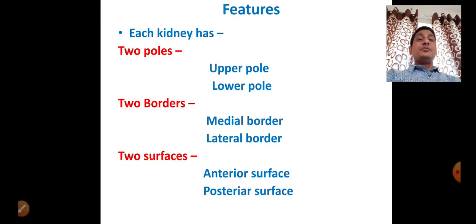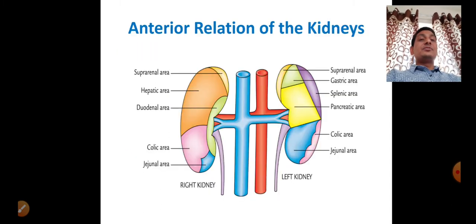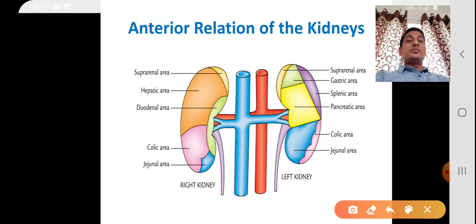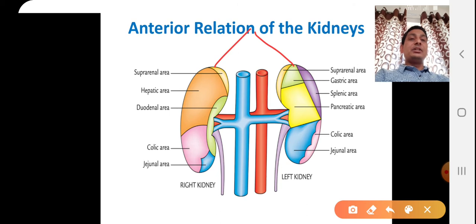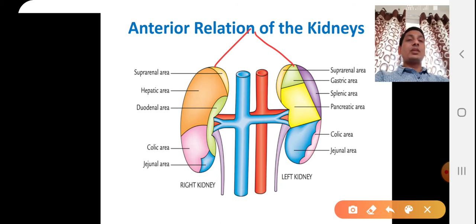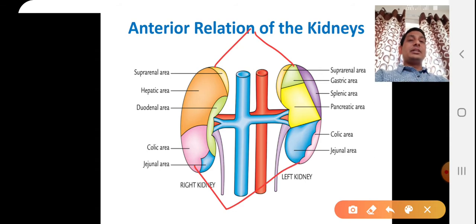Then the features of the kidney. It has two poles, upper pole and lower pole, two borders, medial border and lateral border, and two surfaces, anterior surface and posterior surface. If we see, this is the upper pole of both kidneys, right and left. Then the lower pole, these are the lower poles of the right and left kidney.